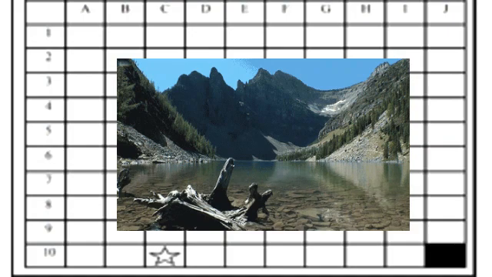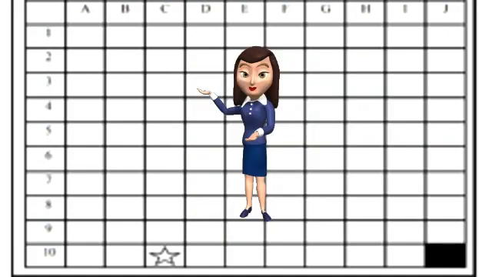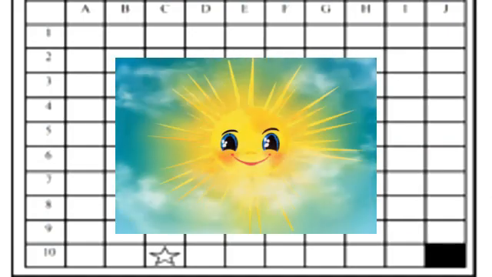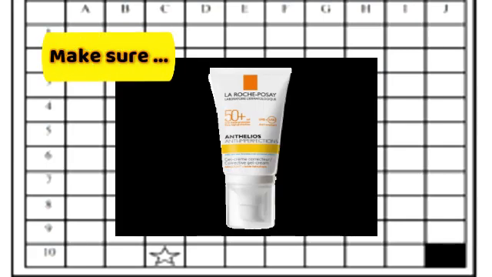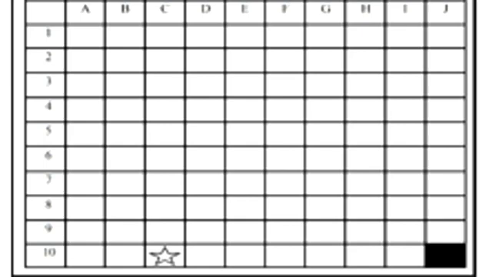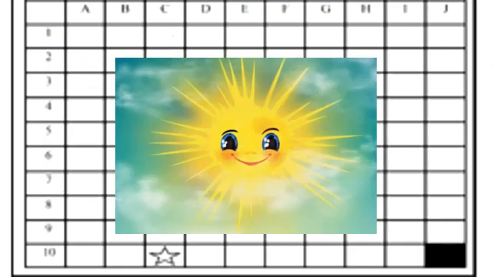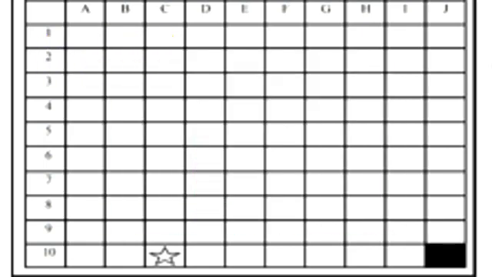When you get to the lake, your counselor says, "The sun is smiling down on you today, so make sure you put on sunblock." Draw the sun the counselor is talking about in the box where your pencil is, B9.